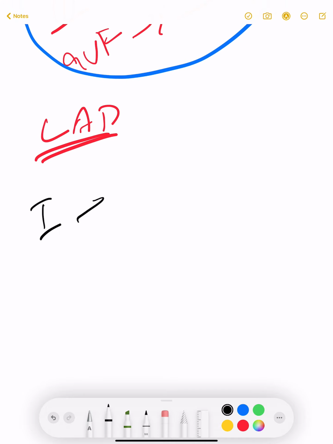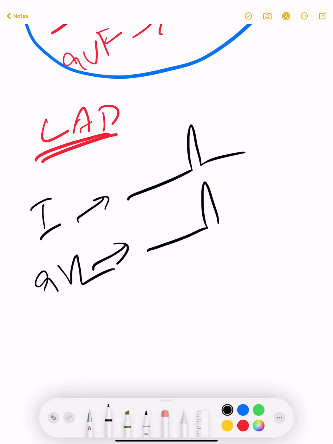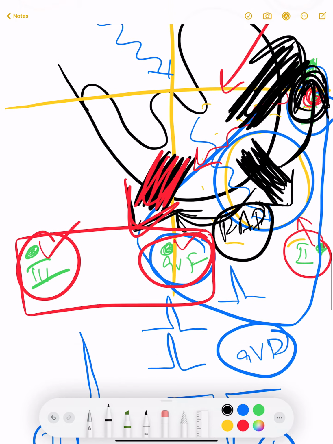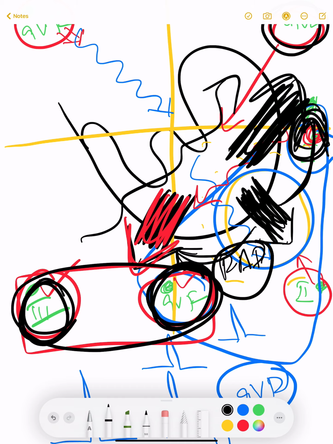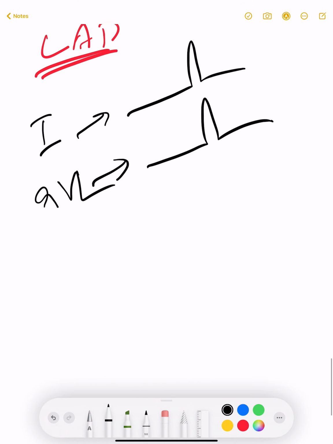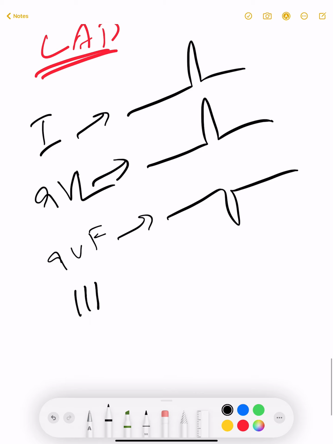In lead 1, there will be a positive deflection. In AVL, there will be a positive deflection, and the current is going away from lead 3 and AVF. So in AVF, there will be a negative deflection, and in lead 3, there will be a negative deflection.